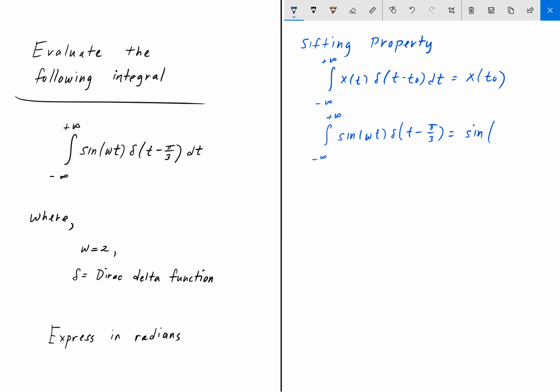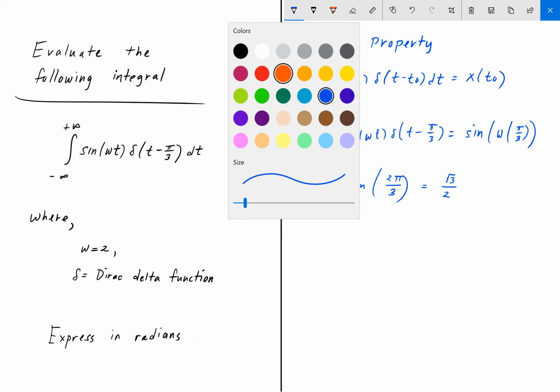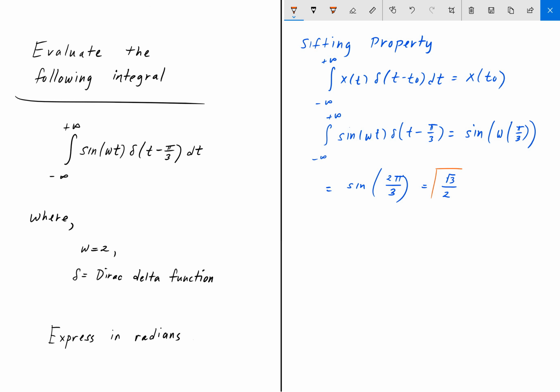So here we have omega, and then our t is going to be equal to t0, which is pi over 3. And so that becomes the sine of omega, which is equal to 2. So that's 2 pi over 3. And then that gives us the square root of 3 over 2. And that is our answer.